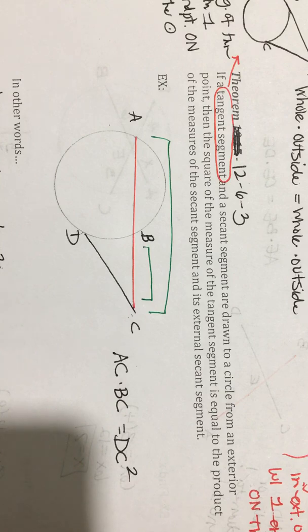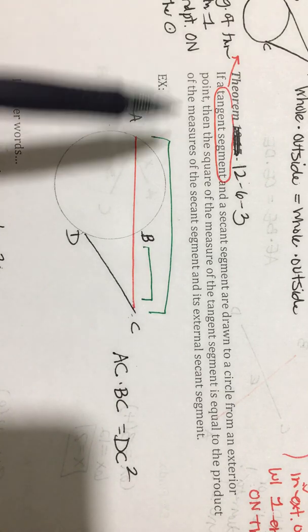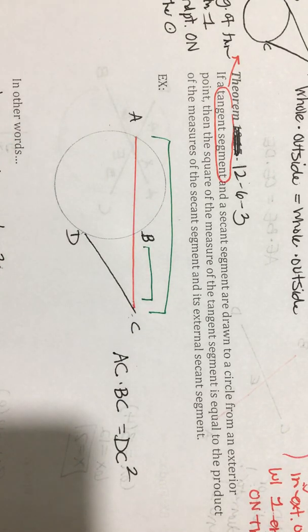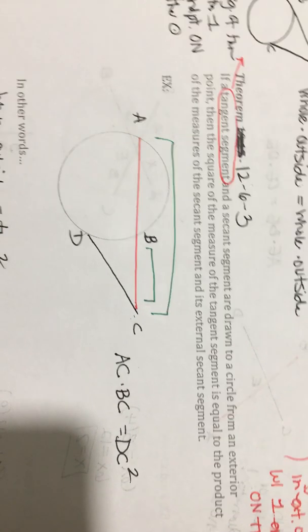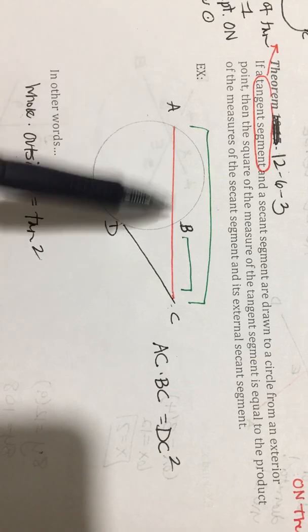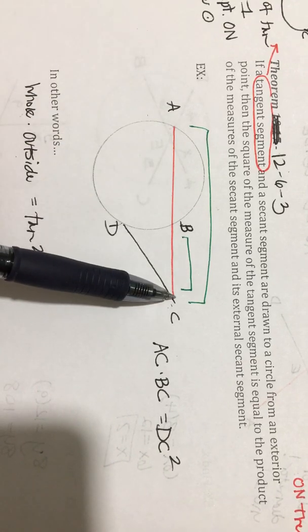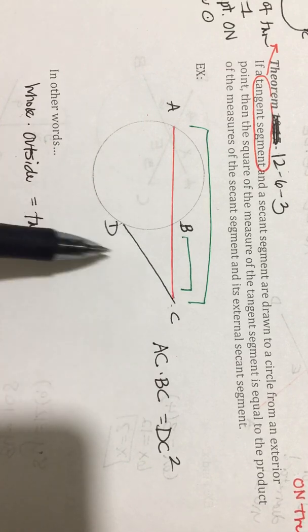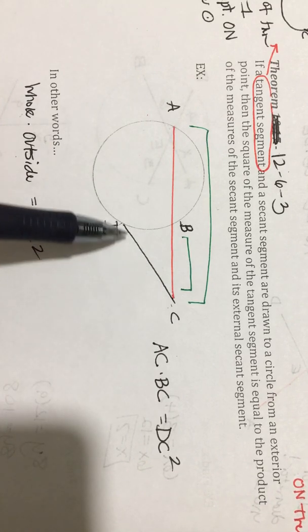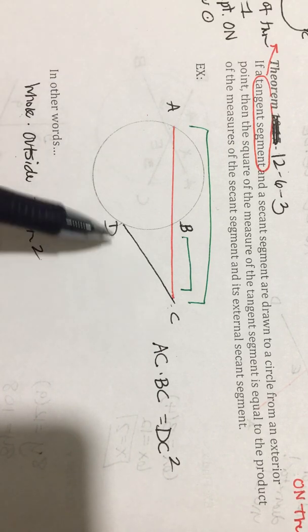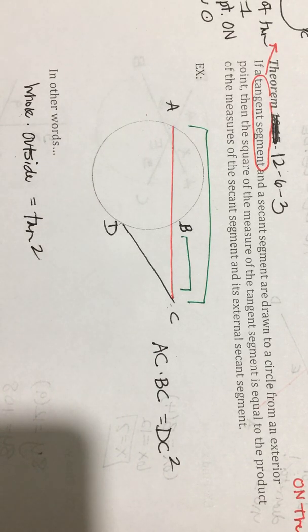Then the square of the measure of the tangent segment is equal to the product of the measures of the secant segment and its external secant segment. It's a mouthful, but again, it's the same thing. Whole thing times the outside equals the tangent squared. You can think of it as AC times BC, the whole secant times its exterior part, is equal to the whole thing times its exterior part. It just so happens that both of them are on the outside. So DC times DC, or DC squared.